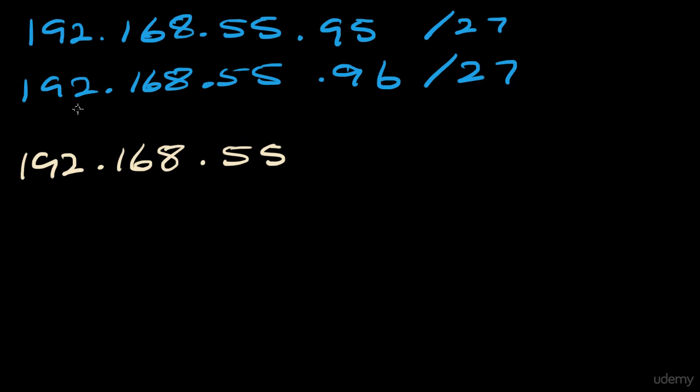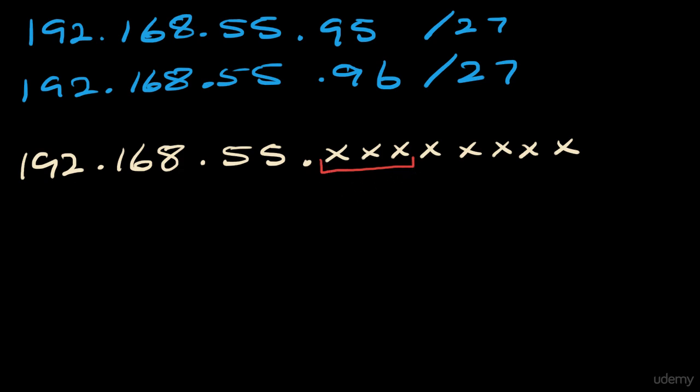The original prefix was /24, which covered 192.168.55. So the original network ID was 192.168.55.X, where I'll write the last octet as X. They decided to subnet it with a prefix of /27. /27 is covering the first 3 octets, which is 24 bits, 25, 26, 27. /27 took these first 3 bits for the network ID.